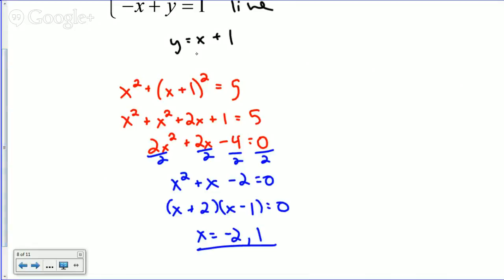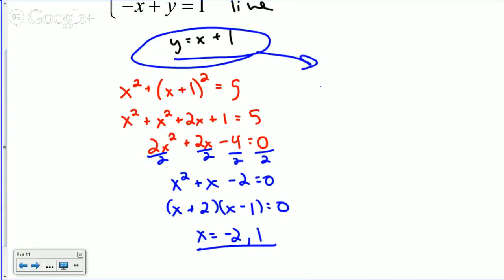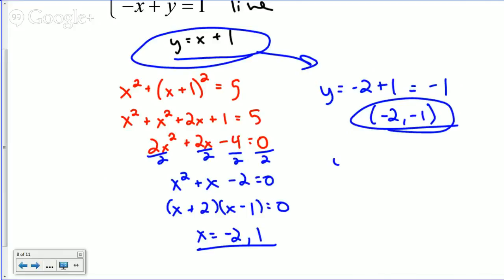In order to find y, I can just take this equation right here and find out what y is. So y equals negative 2 plus 1, which is negative 1. So I have an ordered pair negative 2, negative 1. There's 1. And then y equals 1 plus 1 is 2. So then you have 1 comma 2.